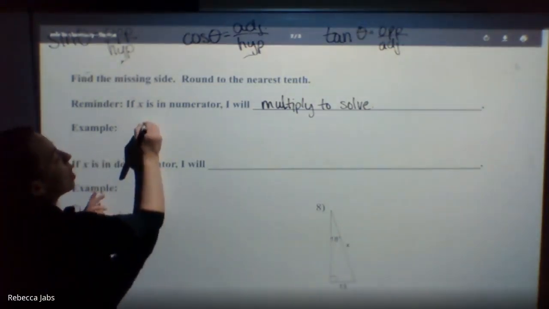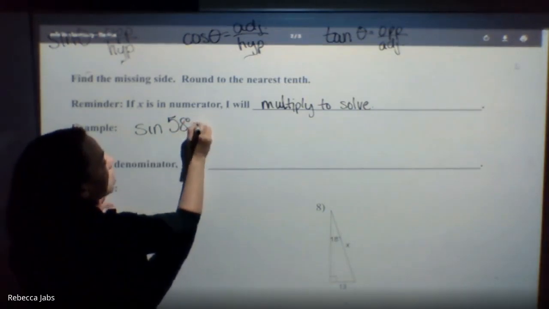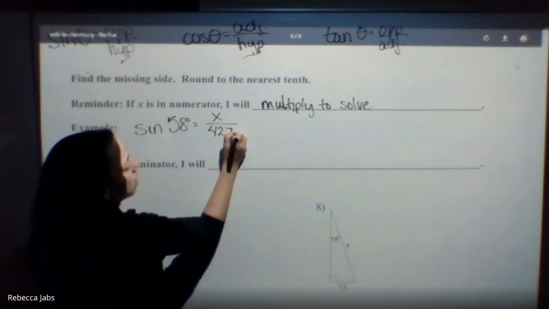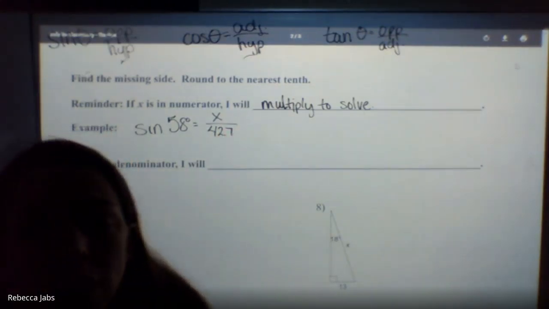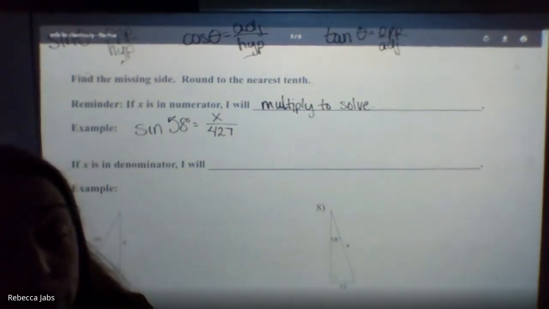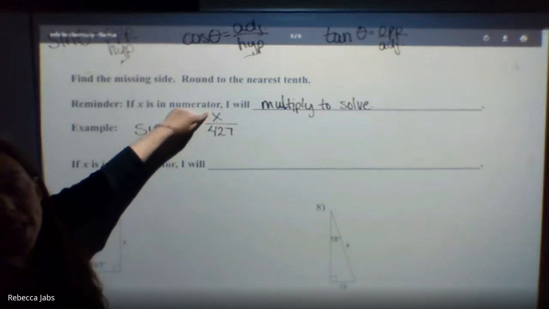So an example would be, what if I have sine of 58 degrees equals X over 42.7. Does everybody see and agree? I would hope you're saying yes, even though you're muted, that X is in the numerator. Yes, it is.